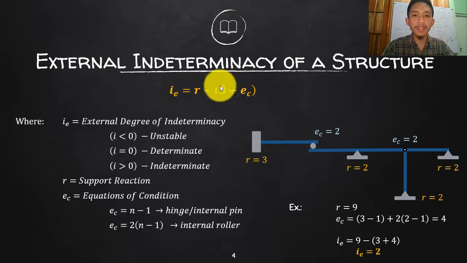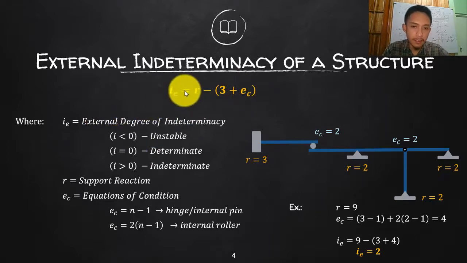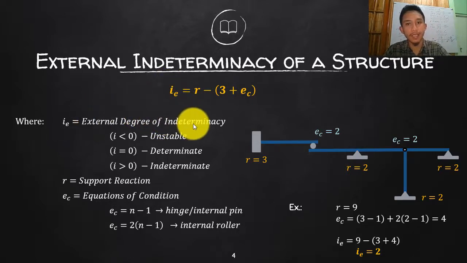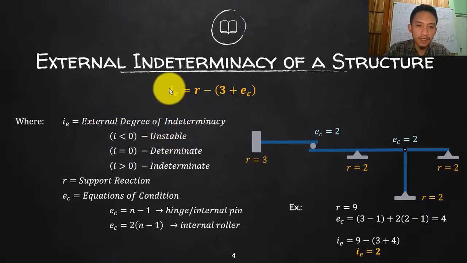Of course, the 3 there are the equations of equilibrium, plus whatever additional equations of condition are added in your system. I sub E is your external degree of indeterminacy. External means we are talking about supports here. So if I sub E, or simply I, is less than 0, that is unstable.